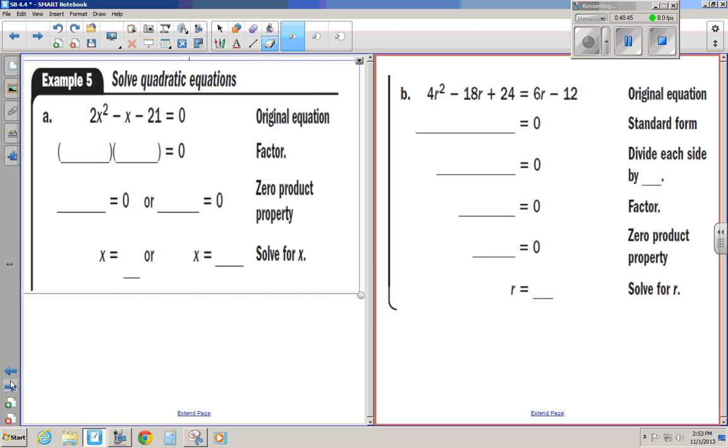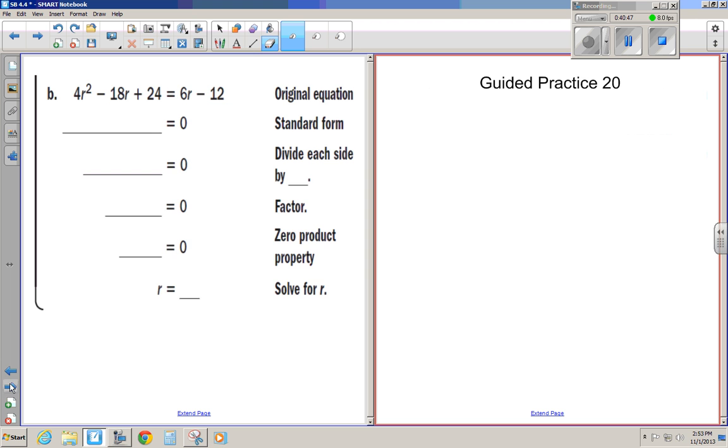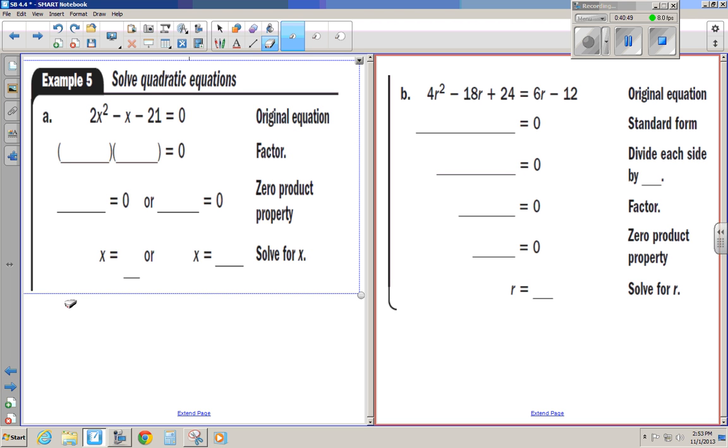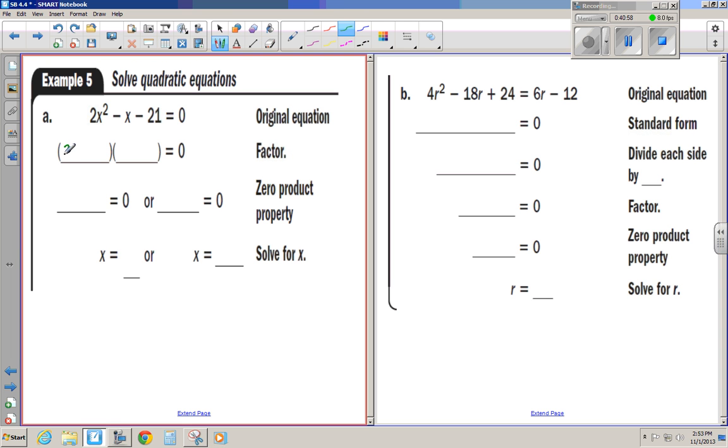So we're getting very close, and this part is exactly like we've been doing. It's factoring. Factor this. We know this is going to be a 2x and a 1x. We know the factors of negative 21: 1 and 21, 7 and 3.